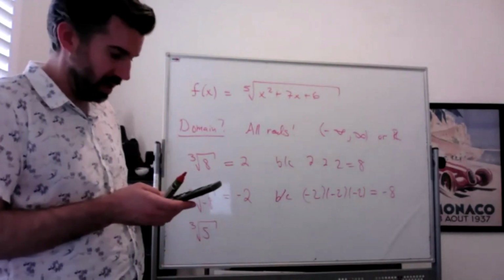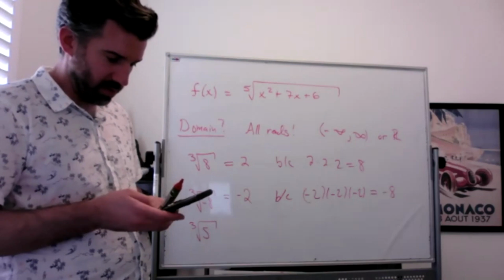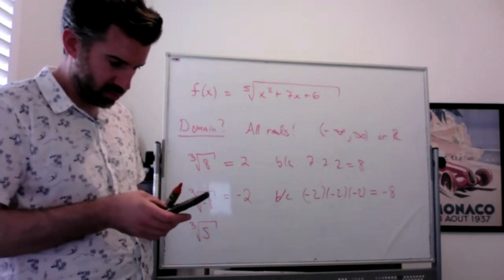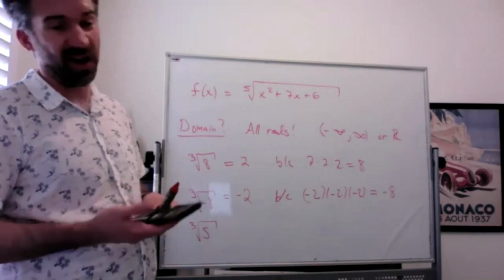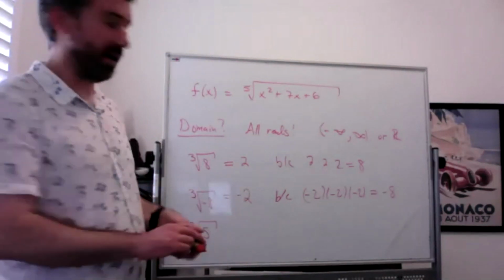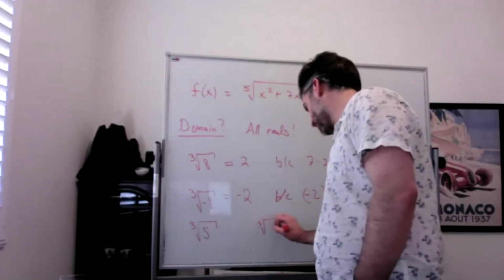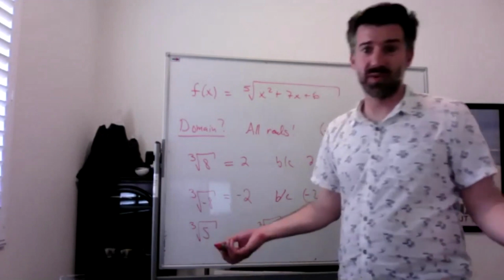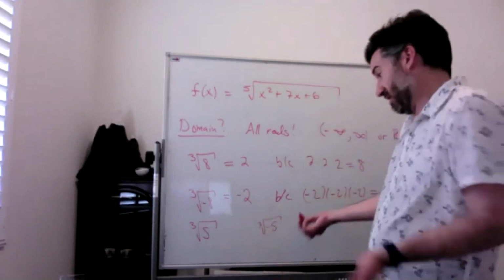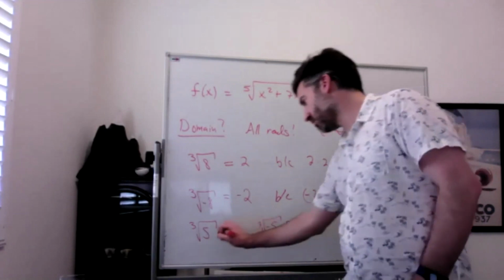But you could look at it on a calculator. The cube root of 5 is approximately 1.7, but I mean, it's the cube root of 5. And then the cube root of -5 is also some real number, but I mean, it's approximately -1.7.